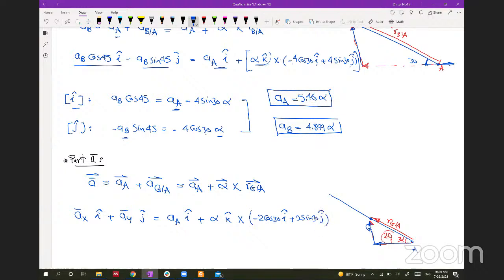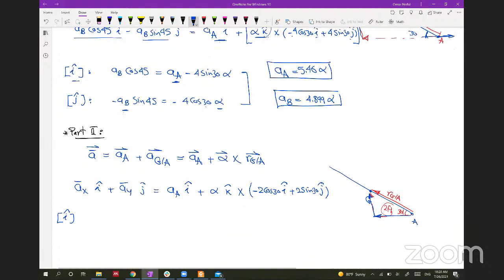And we can do the same. Get the I hat direction, and we have ax bar, because this is at the CG, will be equal to a at A. And if I multiply k by j, it will give me negative 2 sine 30 multiplied by alpha.